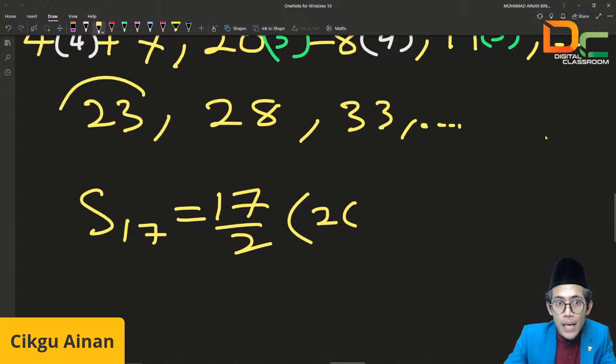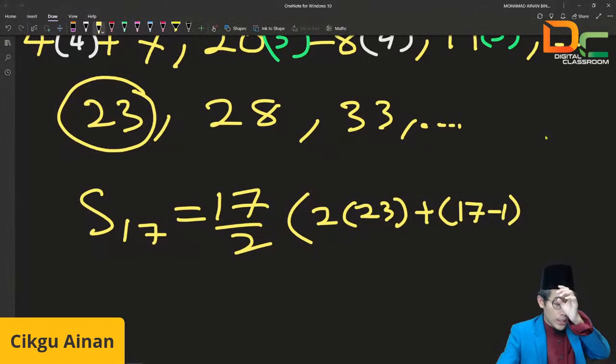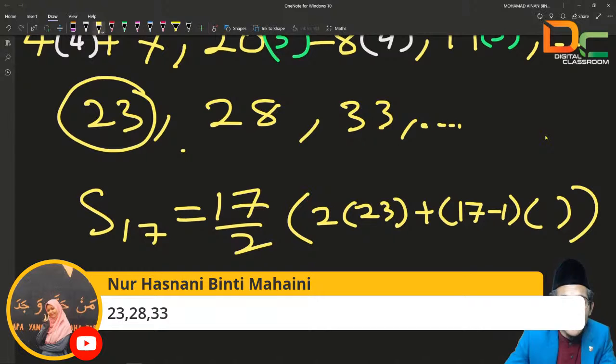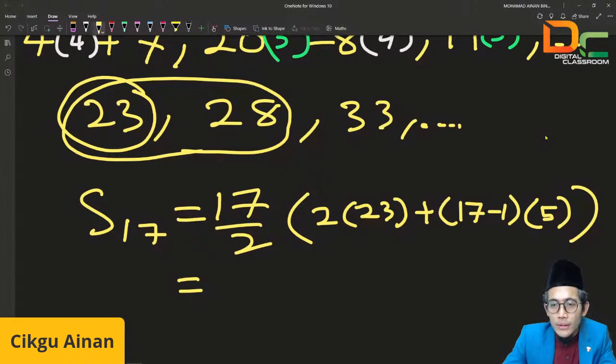What is the first term? This one 23. Plus berapa? 17 minus 1. It's going to be 16. And then common difference. Common difference, kita tolak ni. 28 minus 23, it is 5.